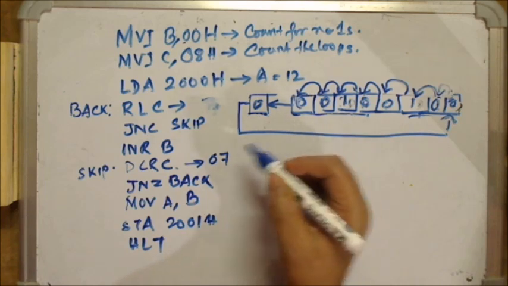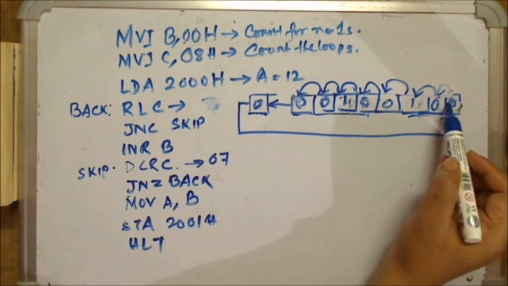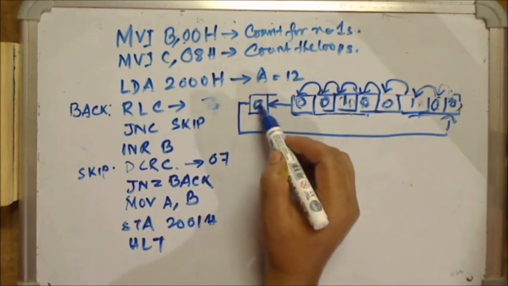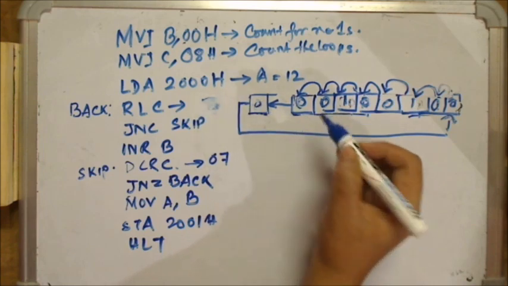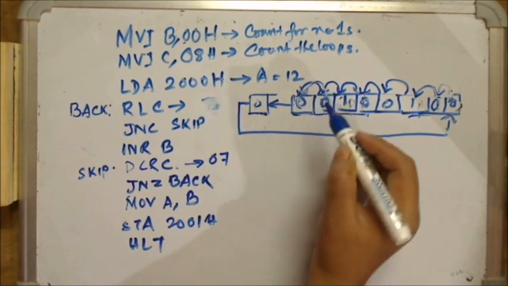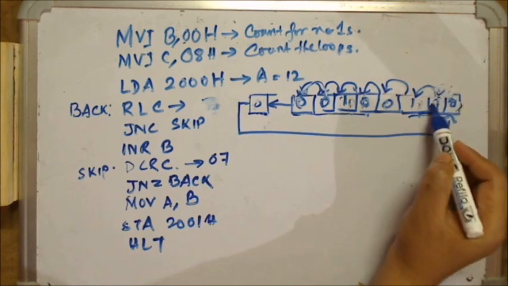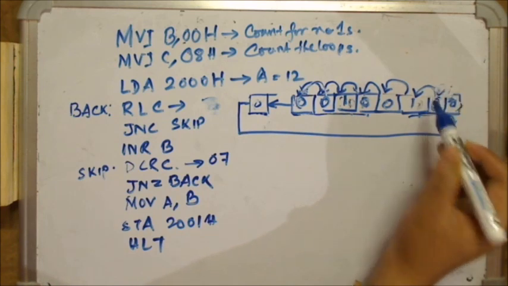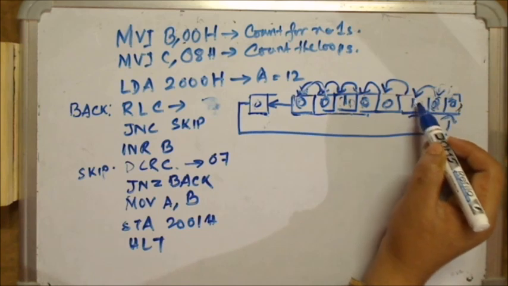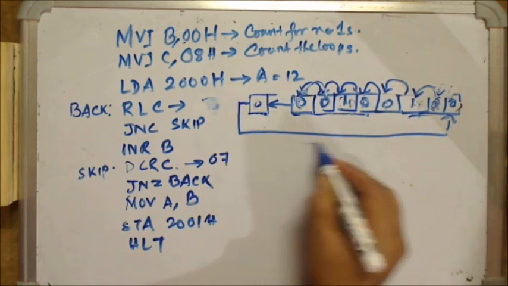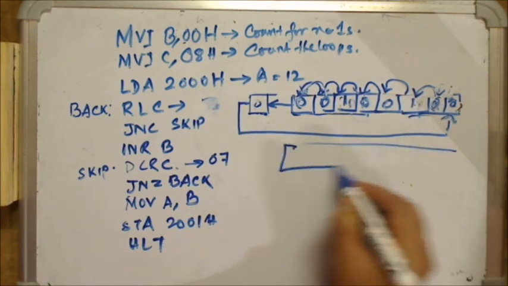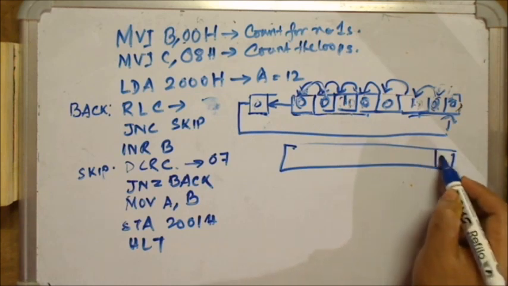Okay. Then again in the next iteration, what will happen? This 0 will come here. Okay. And again this 0 will go here. Same, this 0 will go here. Okay. Then this 0, in the next iteration, what will happen? Let's do it freshly.